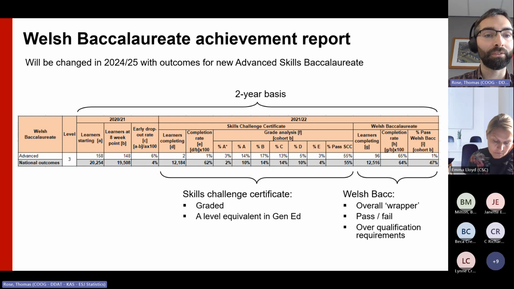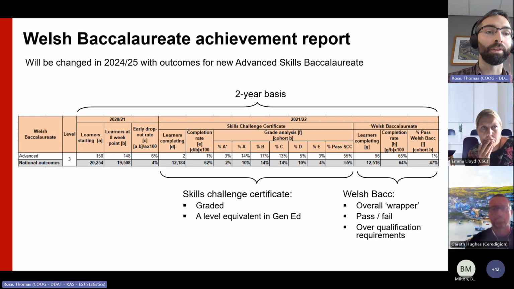There are 2 components to it: the Skills Challenge Certificate, the graded standalone certificate, and the overall Welsh Bac, which is pass or fail and has some qualification requirements. There were around 11,900 learners who passed the Skills Challenge Certificate last year, and about 10,500 of them got the overall Welsh Bac.